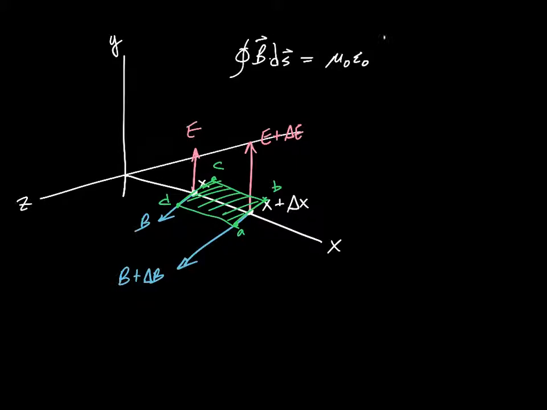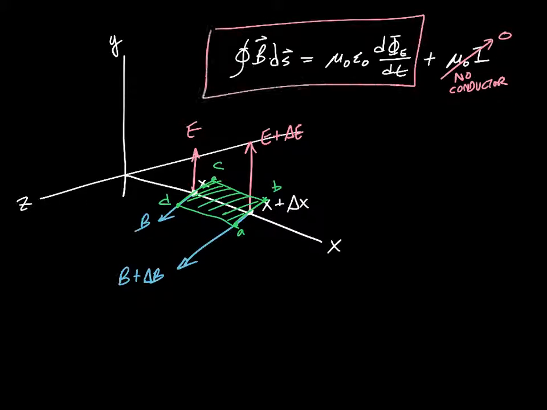We know that we have a changing flux. I should write the current part, the conduction current, but it's 0 because there's no conductor here. All right? So Maxwell-Ampere, this is what we're going to do, the same business. It'll go the same way as the other one, just with some slightly different pieces in the puzzle.